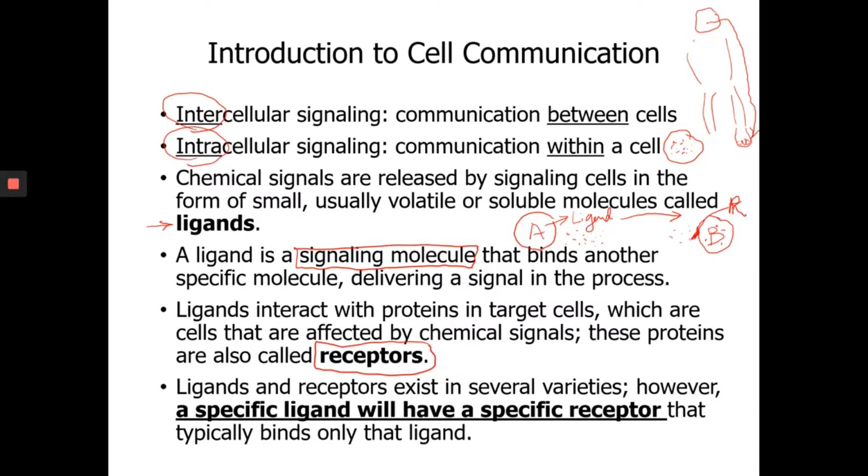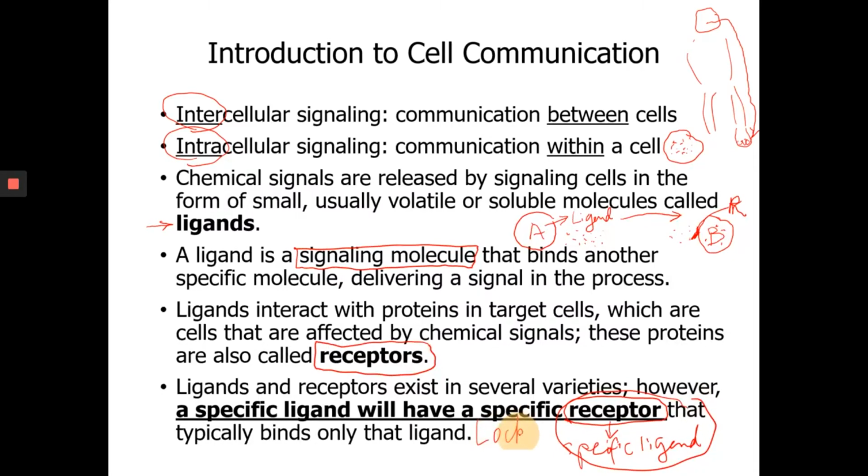The last thing I need to mention is that the ligand and the receptor have a very specific relationship. A receptor can only recognize the ligand that's specific to it. So it's almost like a lock and key.